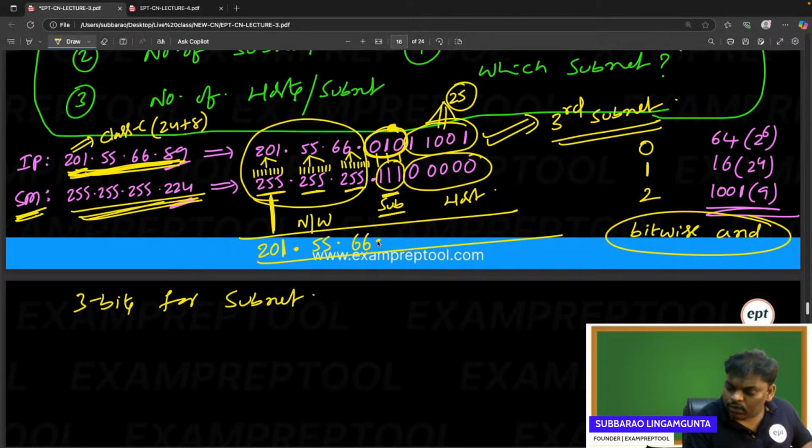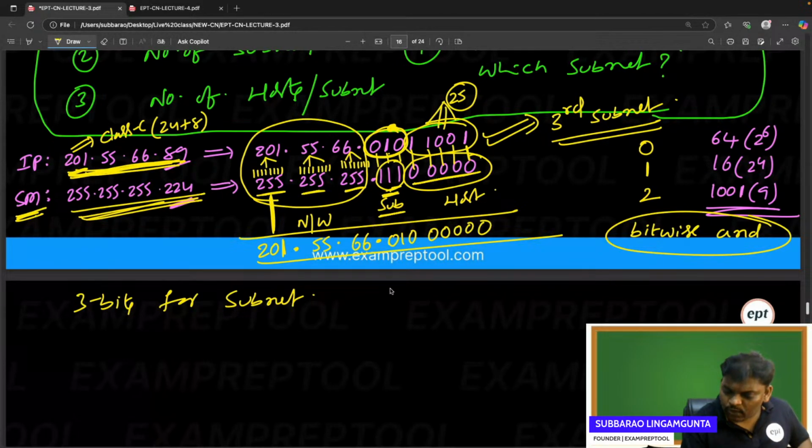Now observe here. All ones, anything, anything only will come. But remember, these are all zeros. Zeros AND anything, what is the meaning of AND? Both are ones, then only one.